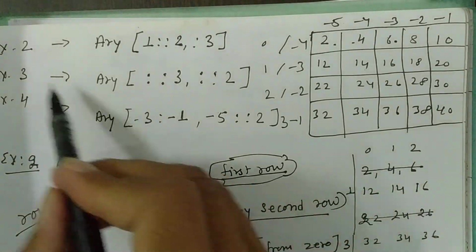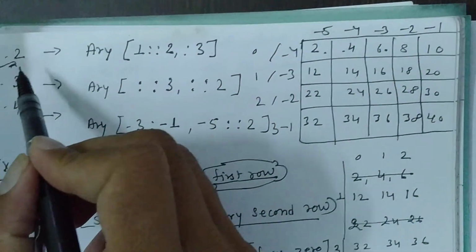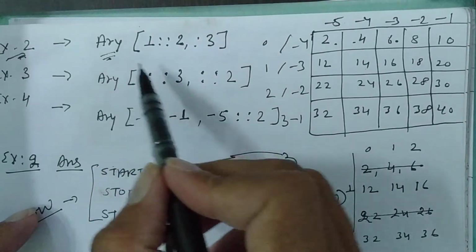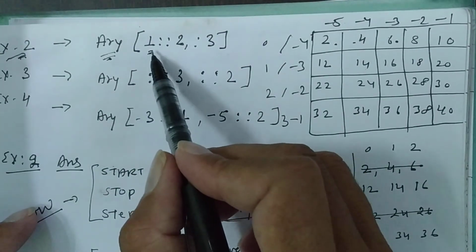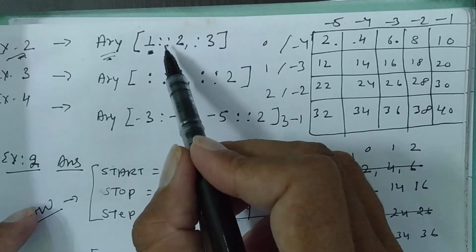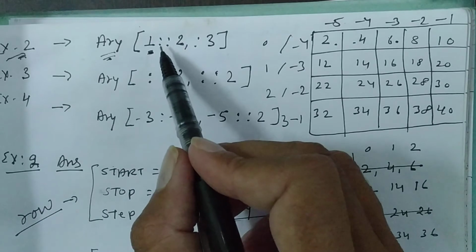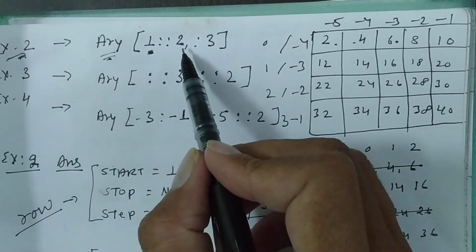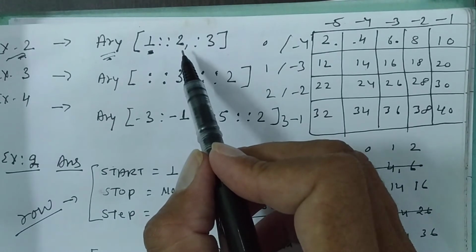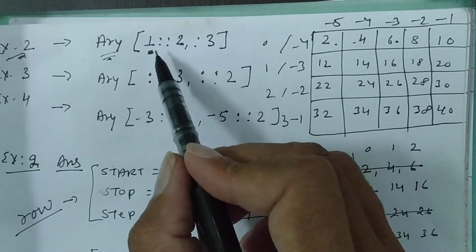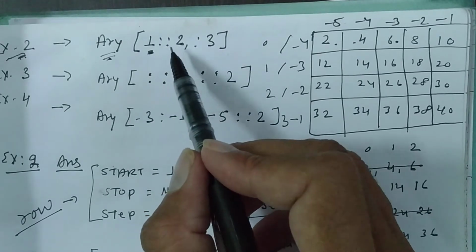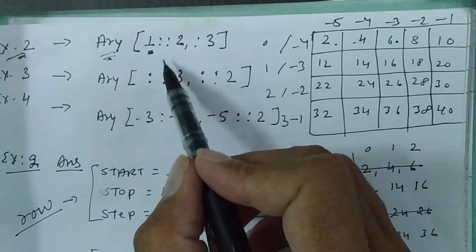Okay students, now in the next example, the name of the array is ARY. Here the starting of row is 1 and ending is not given, but step is 2. It means every second element, starting from 1 to the last row. The last row is 4, till 4 we will move.